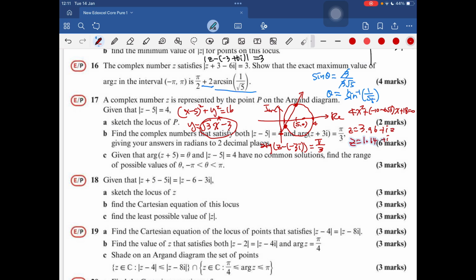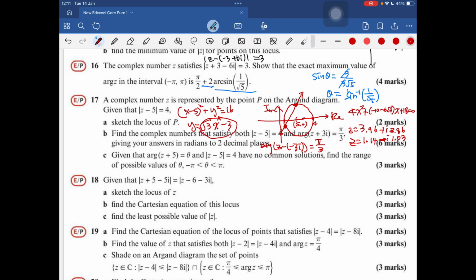Oh no, I mean 3.96, and 1.14, and negative 1.03. So this is the z.